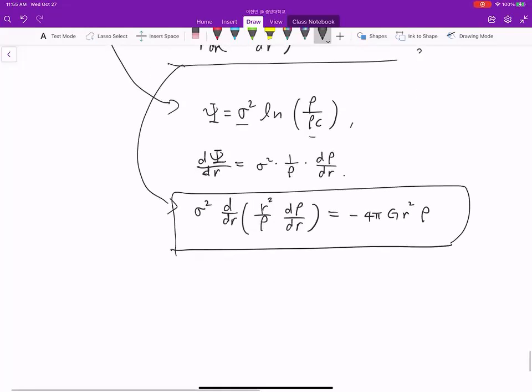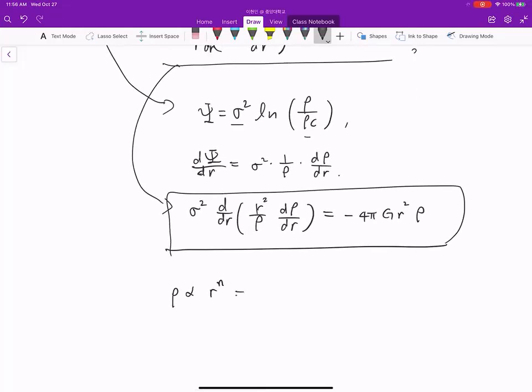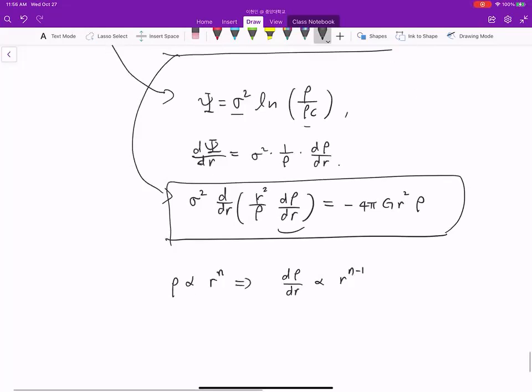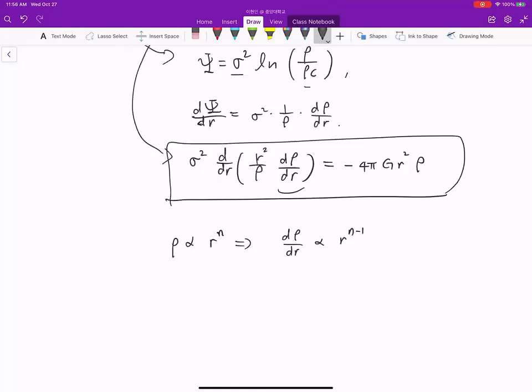So then you can look for the solution to this equation, and maybe you can look for a polynomial solution. So then you see d rho over d r is proportional to r to the n minus 1. Something like that, right?